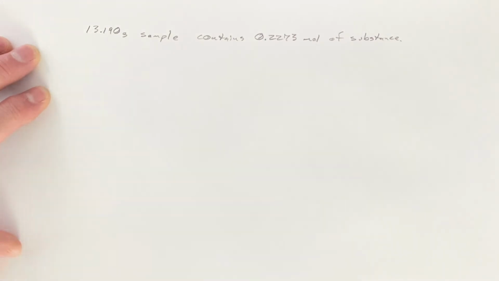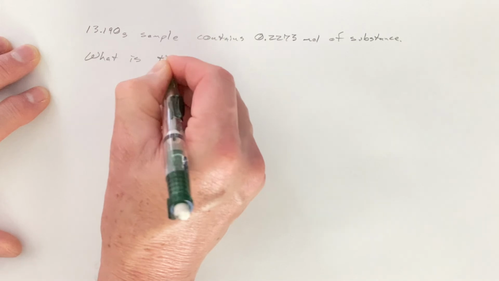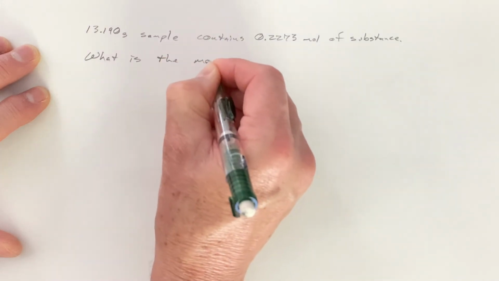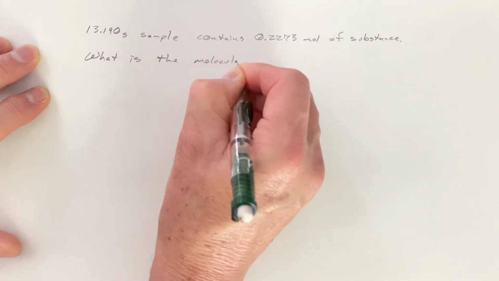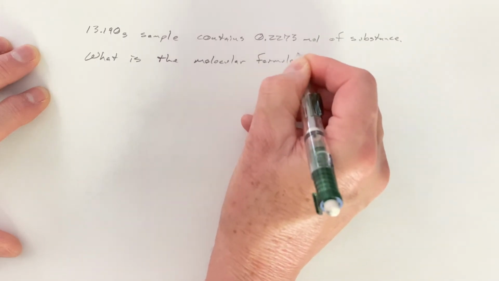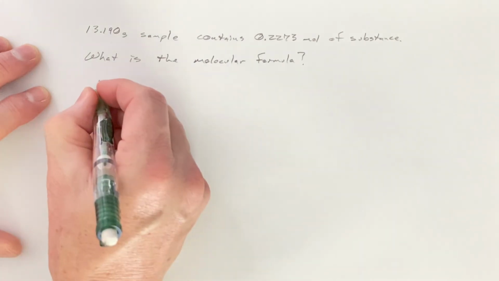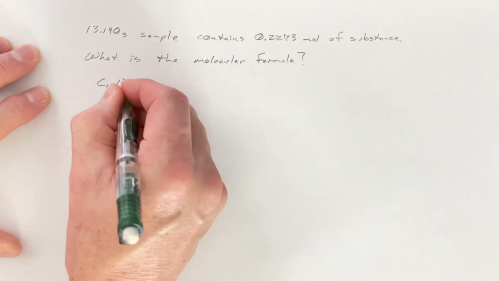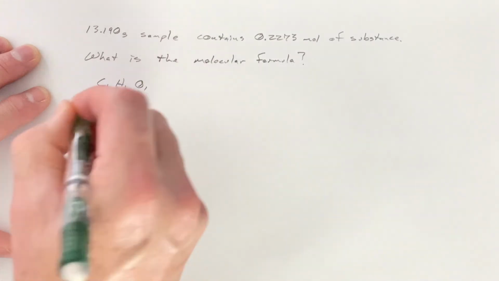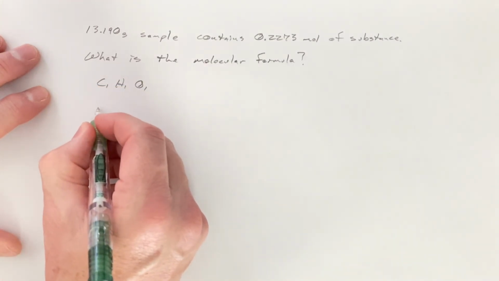The logical question is, what is the molecular formula? We ascertained that the empirical formula was C1H1O1. So we could work this the long route, and we'll do so here.